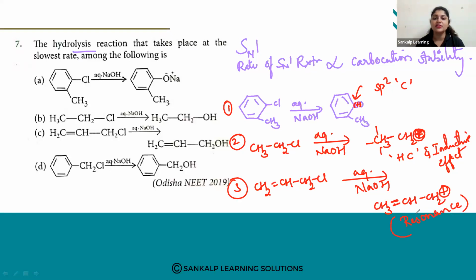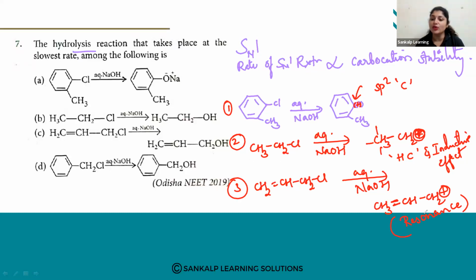Remember that if the charge is stabilized, the reaction will proceed fast. If the stability of the carbocation is decreased, then the reaction will be slow. They have asked which of the four reactions will take place at a slower rate.